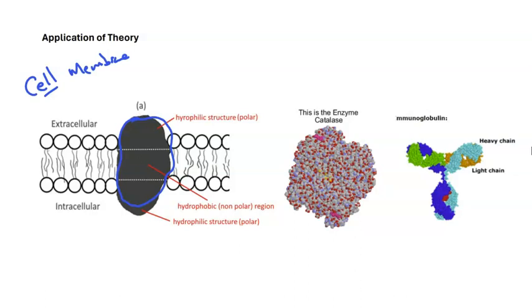When we think about the amino acids within the chain, those in the outside or inside of the cell need to be hydrophilic, so the amino acids with their R groups need to be polar, whereas when they are in contact with the fatty acid chains, they would need to be hydrophobic and non-polar in that region.